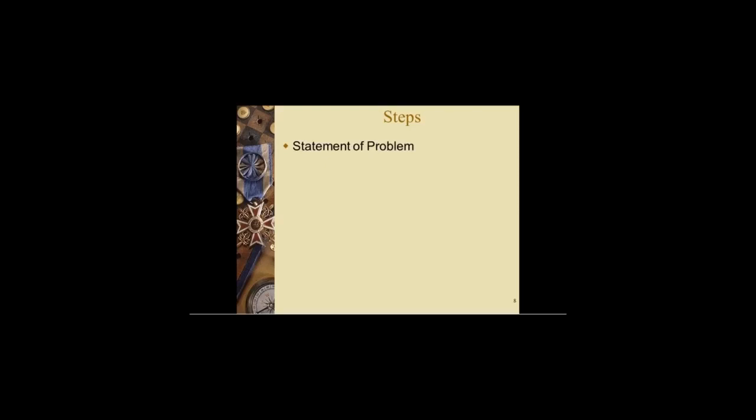Step 1, statement of the problem. As you are very familiar with it, here you would mention your research idea, research questions, your hypothesis, your objectives. And then description of the methodology, from research design, sampling, tools, methods, scales, reliability, validity, and so on.